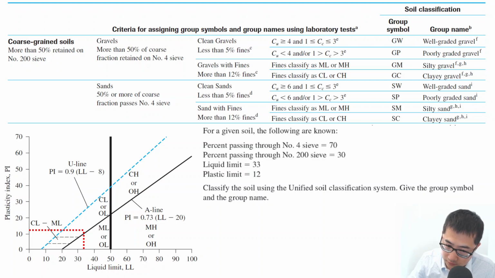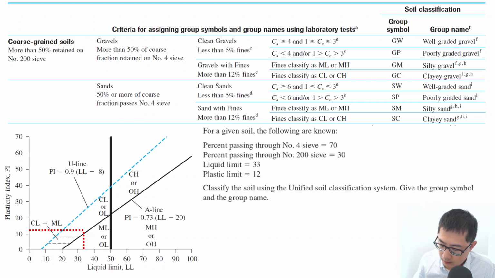The particles passing through number 200, which is 0.075 millimeter, that is fines, right? So write the second line: percent fines is another 30%.